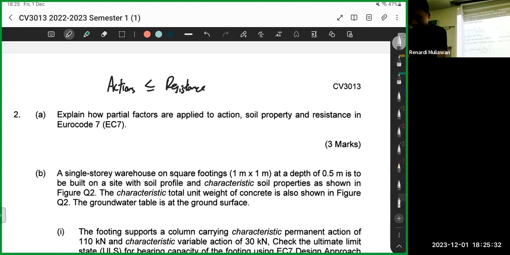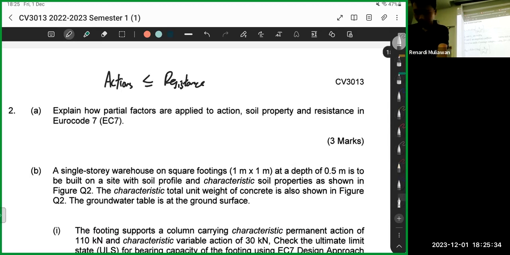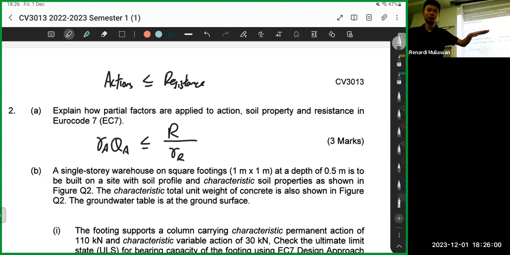Okay. Anyway, okay. So how do you present your answer, right? So your actions, you have your own partial factors, right? You multiply your actions. Okay, we want it to be more conservative. That's why we multiply the actions. So I forgot what symbol they use. I think it's Q. Okay, this one should be less than your resistance. So resistance, you divide your resistance by the partial factor, because we want conservative, right?